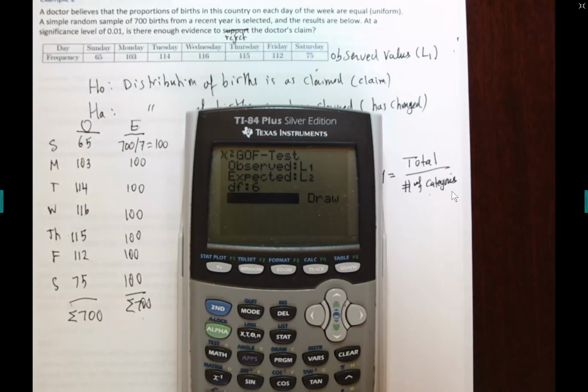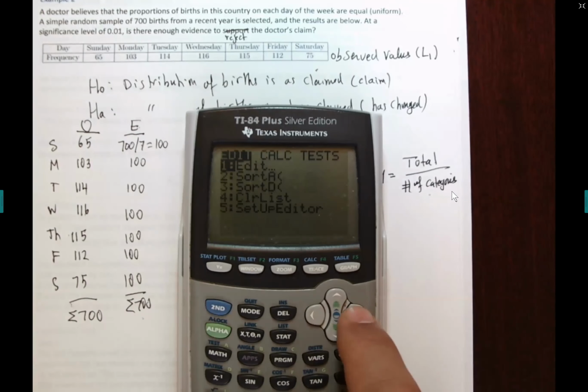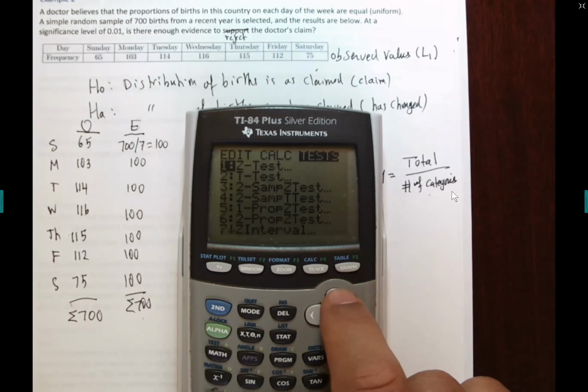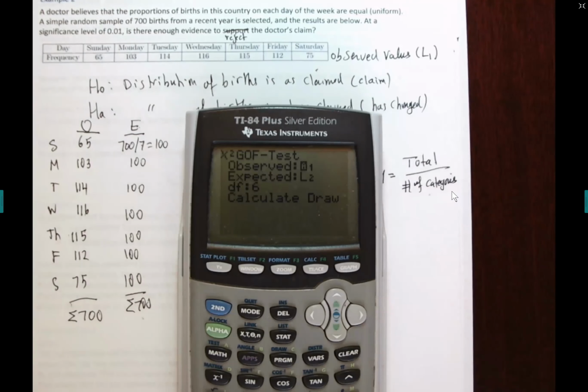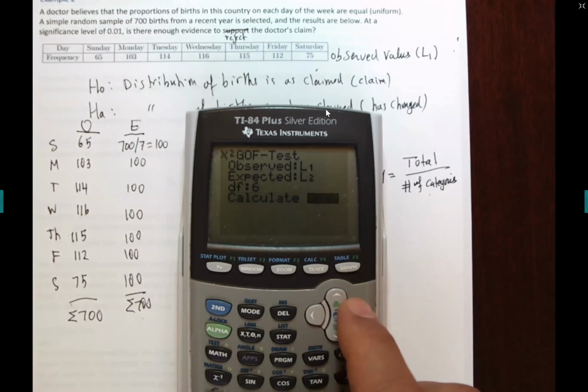Calculate. You can do a draw as well, but you have to turn the stat plot off if you want to do a draw. I can show you a draw here. Okay, calculate, draw.